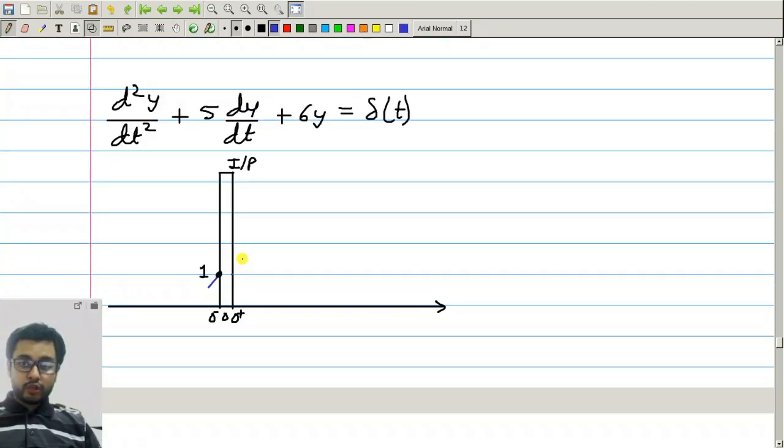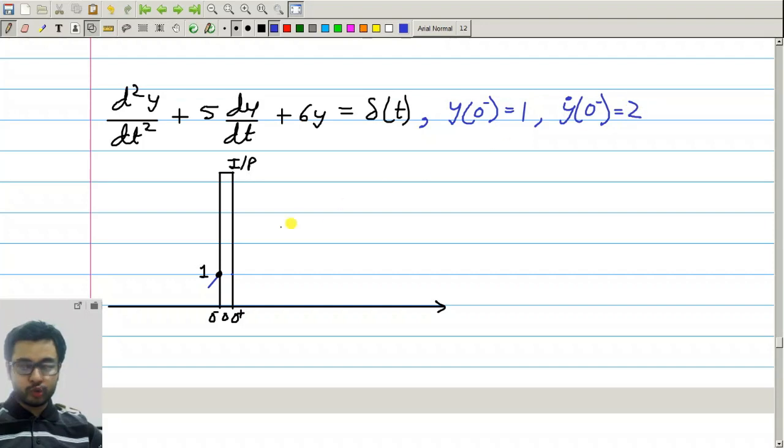Okay, so that process was easy, but let us review what we actually have done. This is the given differential equation with the initial conditions y(0 minus) equal to 1 and y dot (0 minus) equal to 2.